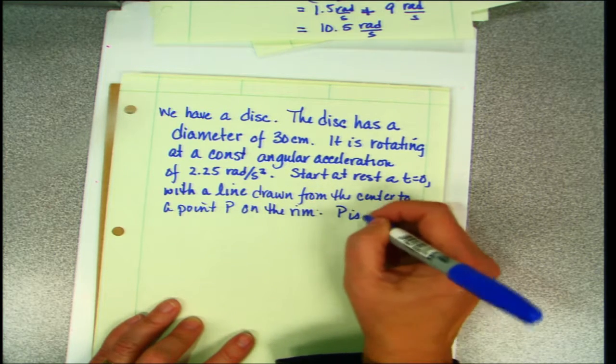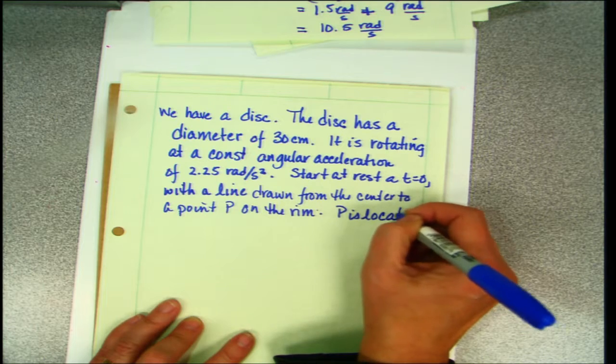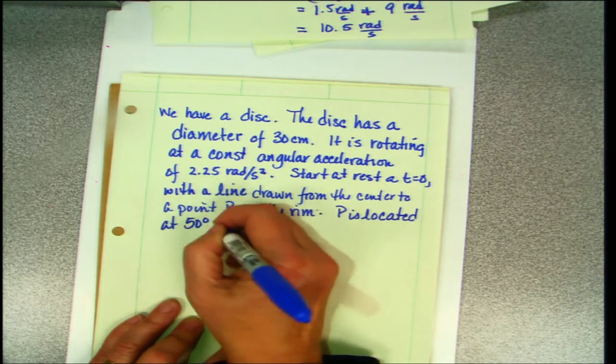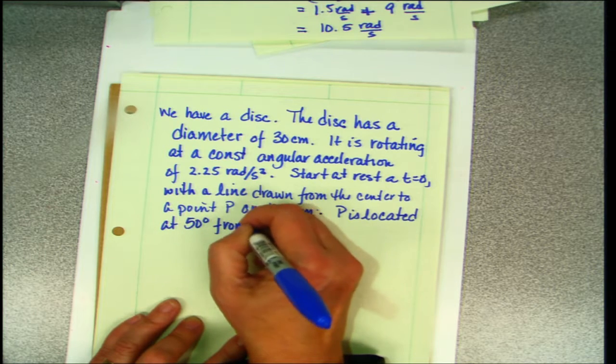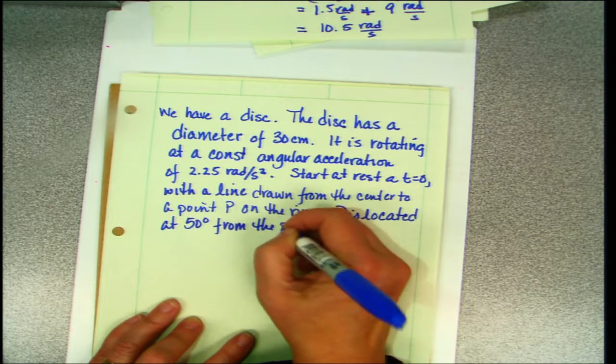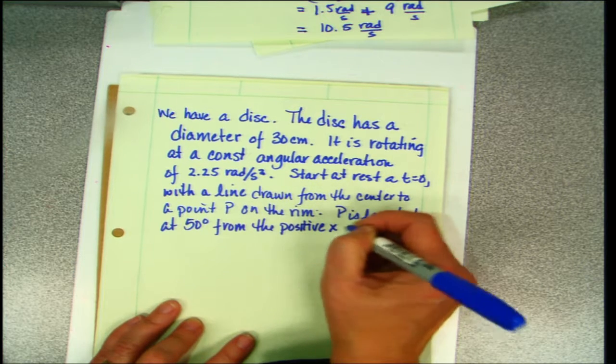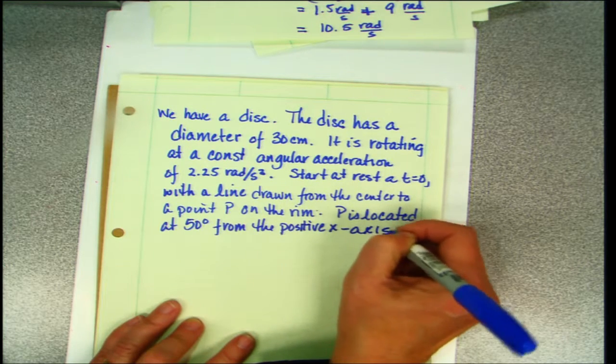At time 2 seconds, find the angular speed of the wheel or the disc. I'll write disc because it's easier.